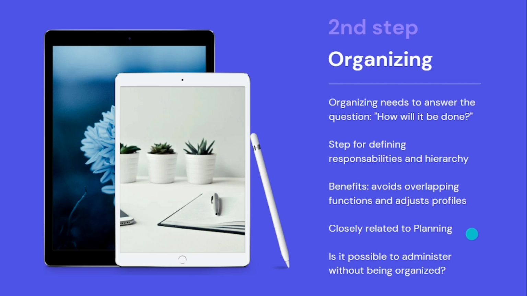And this is a step closely related to planning. We just saw that the quality tool 5W2H includes the questions, how are things going to be done and who is going to be responsible for them? So this is a step intimately related to planning. And if we think about the term organized in its base form, we should ask ourselves, is it possible to administer something, anything, without being organized?